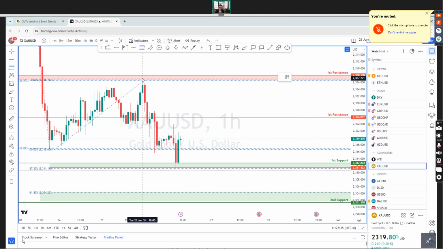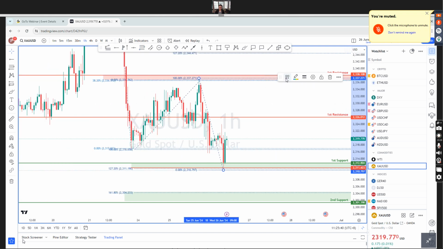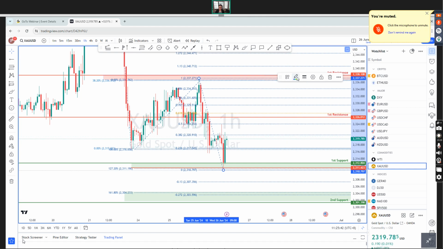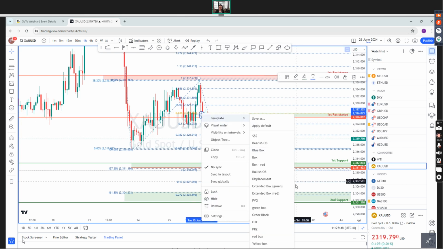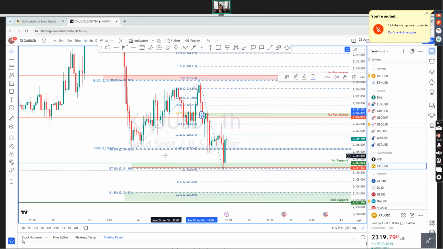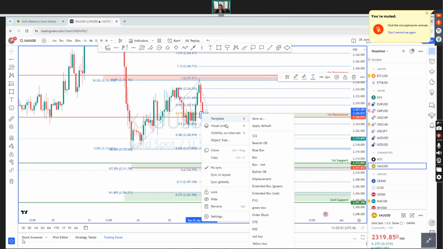So I will use Fibonacci in H1. You will see that your golden zone is here for your sales zone in H1 time frame.